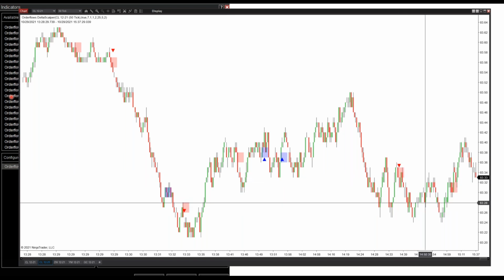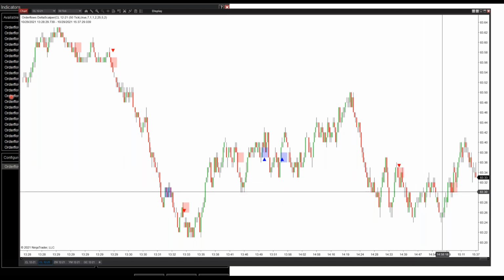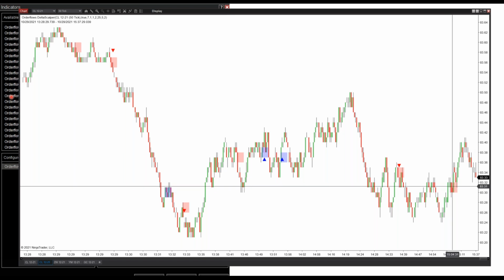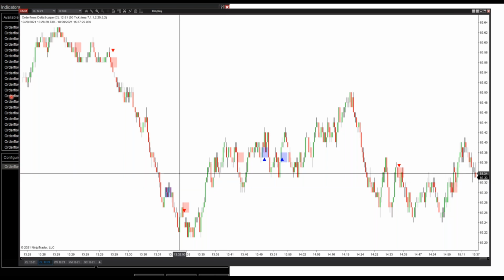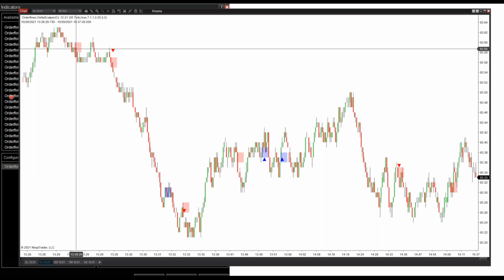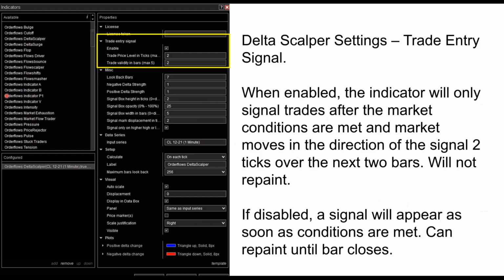It came back down before it sort of worked its way back up. Maybe you could have scratched this. Maybe you could have made a few ticks. But you took out this losing trade here. You took out this losing trade and potentially this losing trade, right? Imagine how your results are going to change if you could start removing some of these losing trades. So that's how the trade entry signal is going to help you, okay?